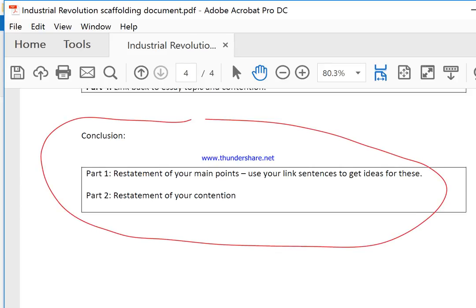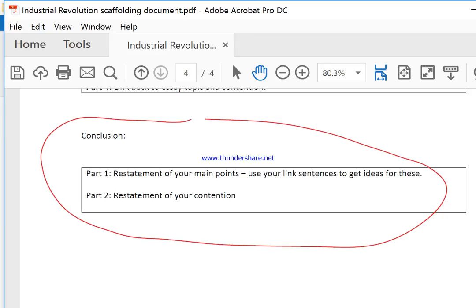Your conclusion is the easiest thing that you write. You are not allowed to have anything new in your conclusion. You basically have to say the same main points that you've already said. So you restate your main points, and you say the contention again.